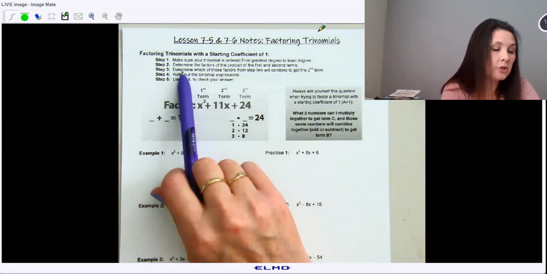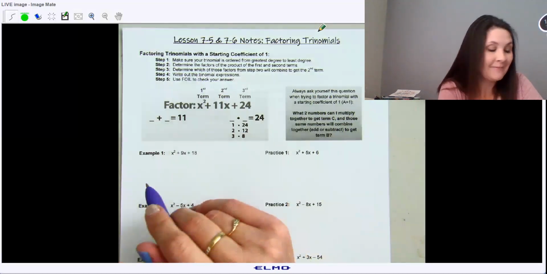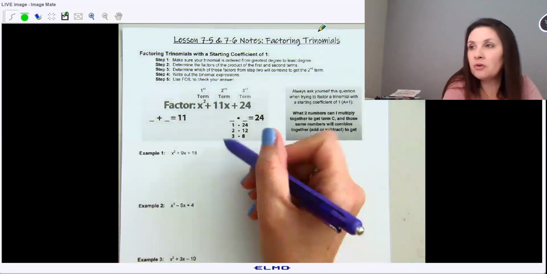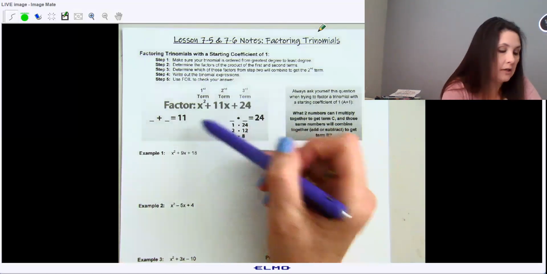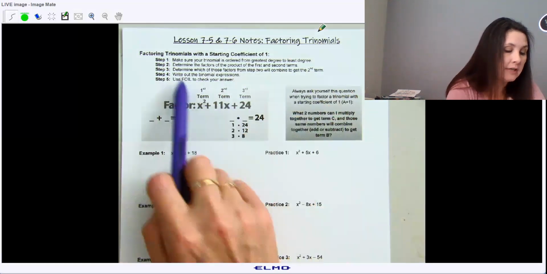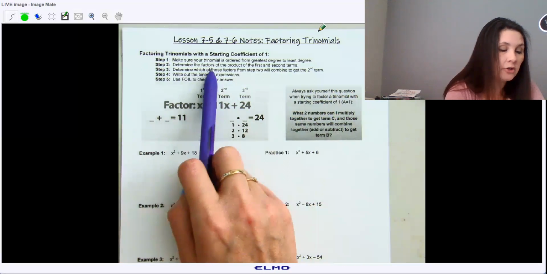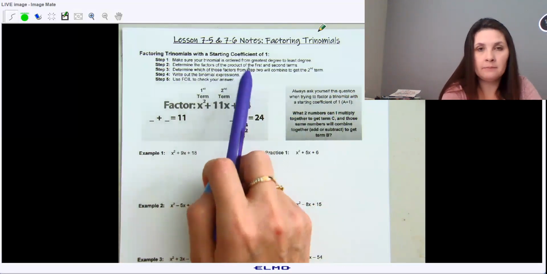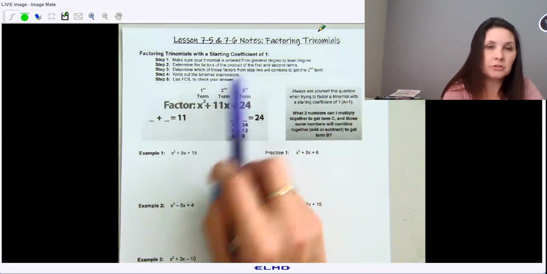Step number 2, determine the factors of the product of the first and second term. I'm going to show you with this example what that's talking about. Product means you're multiplying two numbers together, of the first and third terms.